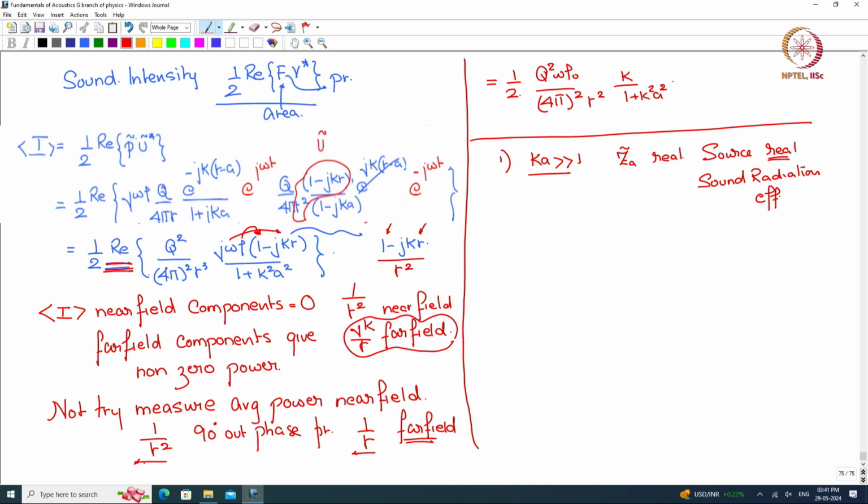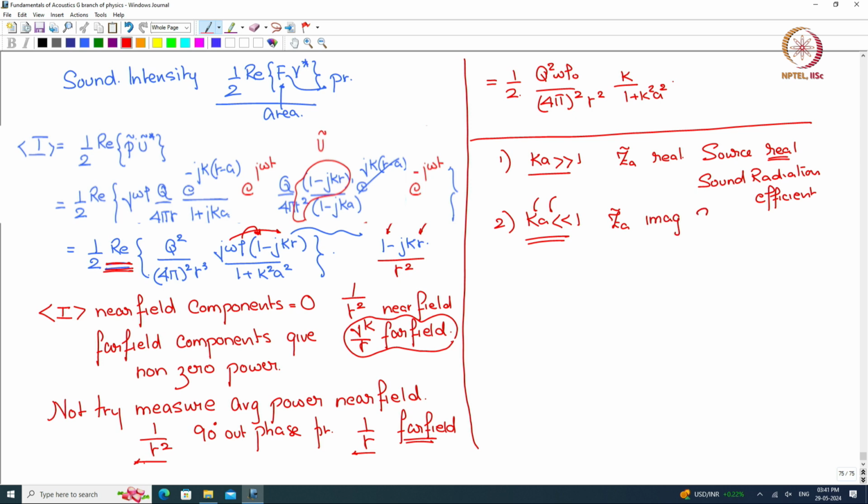Whereas if ka is much smaller than 1, then either the size is small or the frequency is small, and Za presented by the medium to the radiator is largely imaginary.